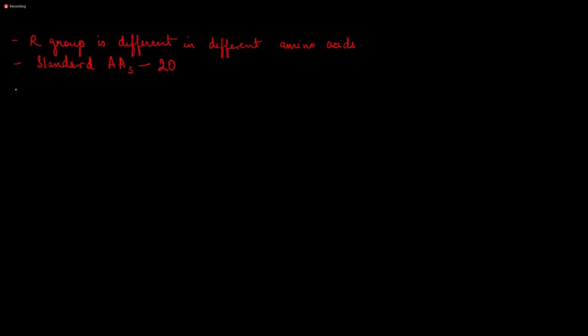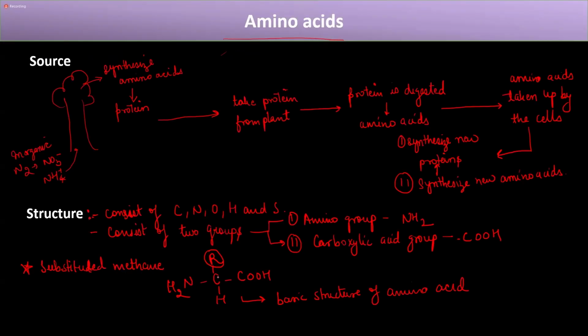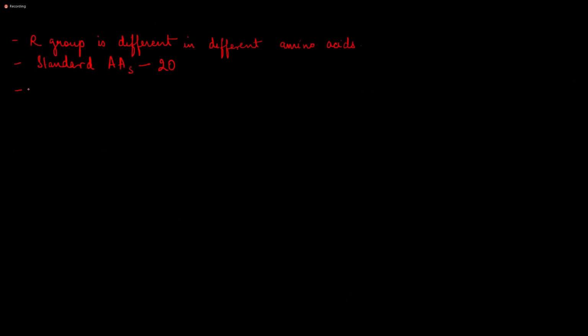Now, when you look at the structure of the amino acid, you see that 4 different types of groups are attached to the carbon, right? So this makes the structure of amino acid asymmetric, or chiral.